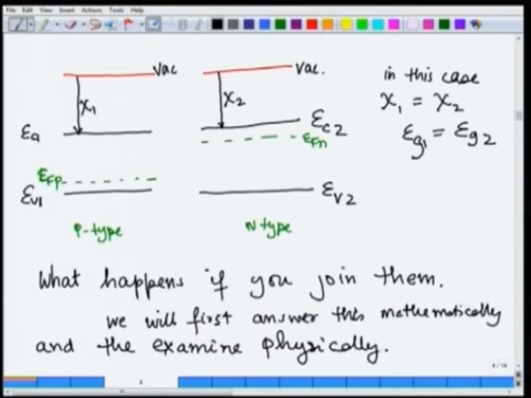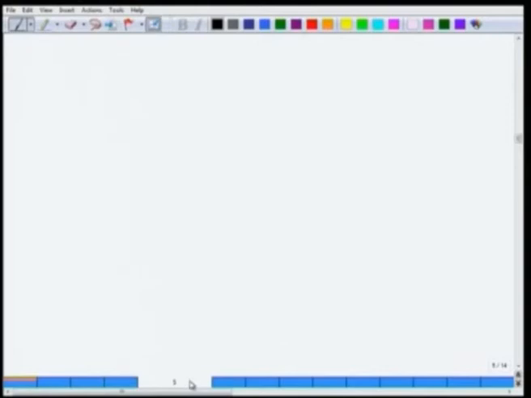So, that is what we will do. First we will examine this question, what happens if you join them. Where I am taking you is, I am going to prove that these two energies must become the same, they must become equal. That is what I am trying to take you to, and we will see why this happens. So, first we will answer this question mathematically, and then we will examine it physically as to why this should happen. So, let us do that.